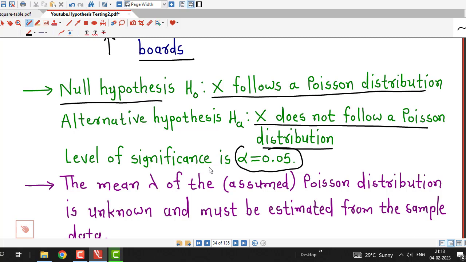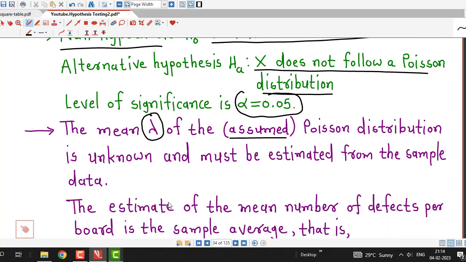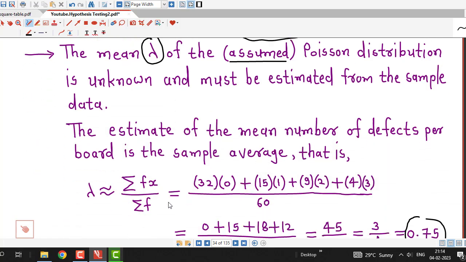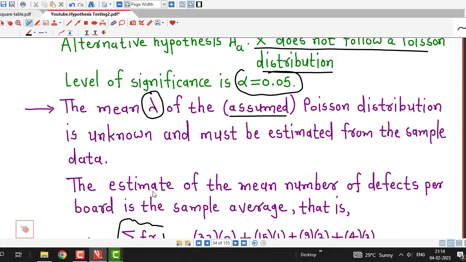Now we are not given the mean lambda of the Poisson distribution, which we have taken as the hypothesized distribution, so we can estimate it using the sample mean. I have calculated the sample mean for the given frequency distribution using the formula x bar equals sigma fx divided by sigma f.